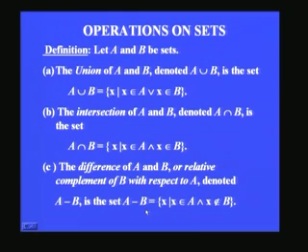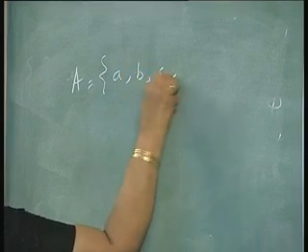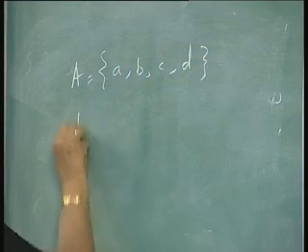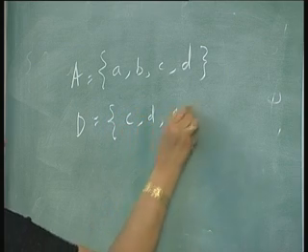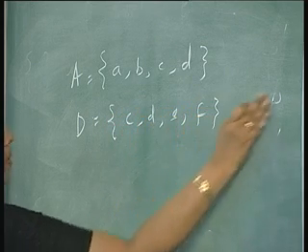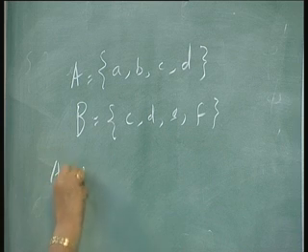Okay. Let us consider some examples. Suppose A is equal to {a, b, c, d} and B is equal to {c, d, e, f}. What is A union B?